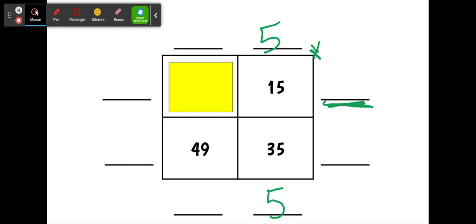Right, 5 times 3 is 15. Now I have to look at my other one. 5 times something equals 35. What number needs to go there as my pair to go with 5 to equal 35? Right, 5 times 7 is 35.